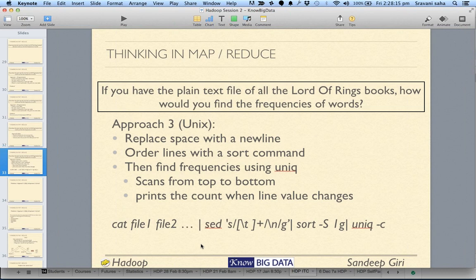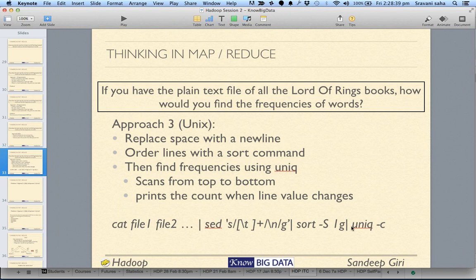Second, Unix provides you a sort command which sorts the data, and then Unix provides you a command called unique, which can give you the frequency analysis of sorted data. Note that unique only works if the data is sorted.